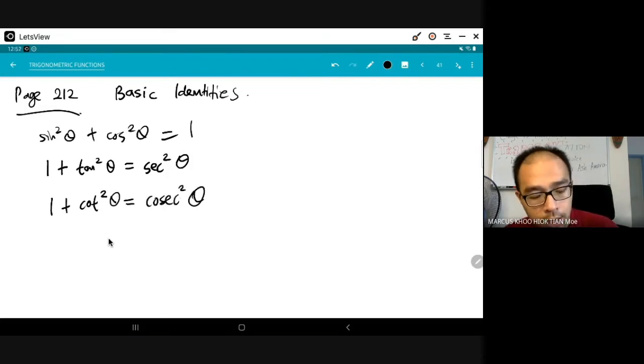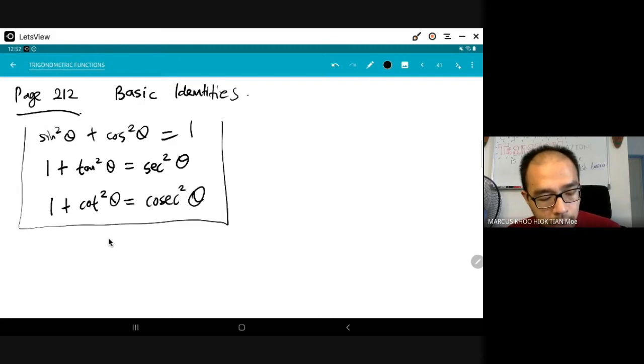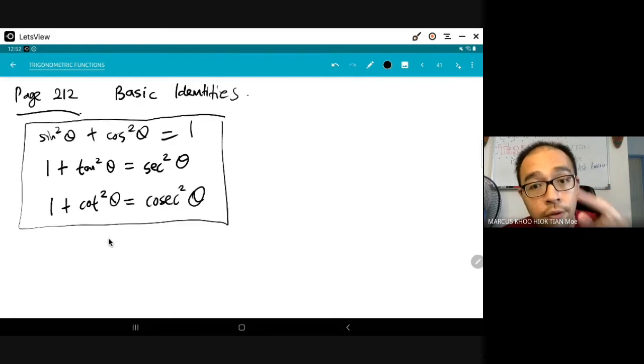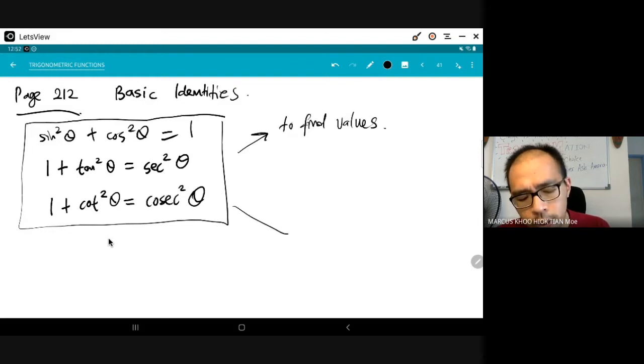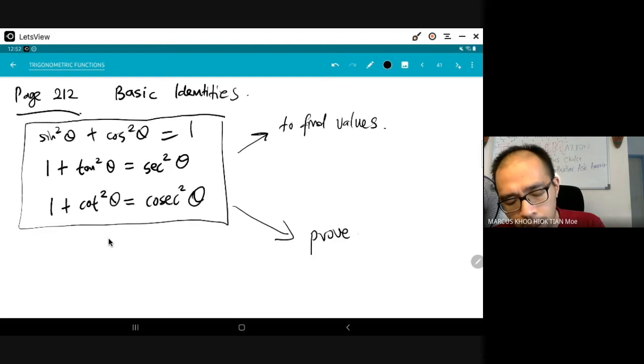So these are the three basic identities which we can use for two things. Number one, to find values. And number two, which is pretty much the most important thing, is to prove other trigonometric identities.